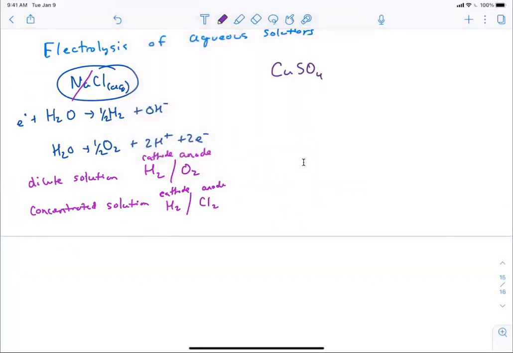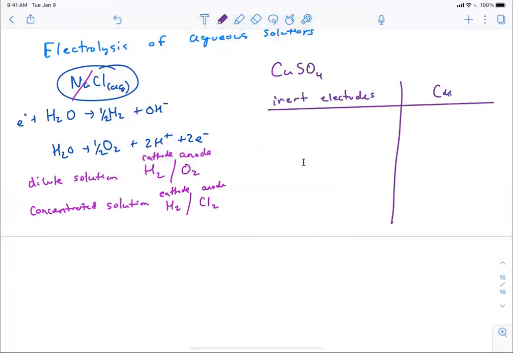The copper sulfate one depends on if you have inert electrodes or copper electrodes. If it's inert, then the anode is going to be O2, because water is going to always oxidize in the presence of that because there's no metal to oxidize.